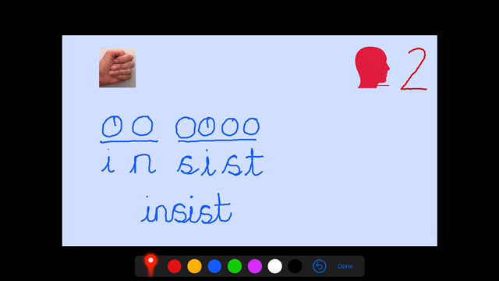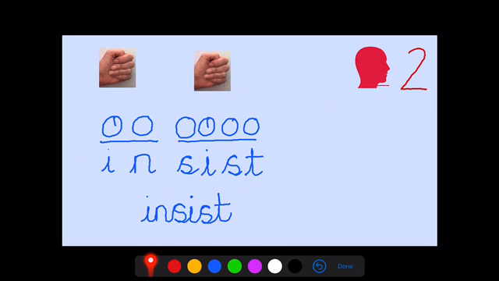The letter I is closed in by the letter S, and I know to say I again. Insist. Let's try another word.